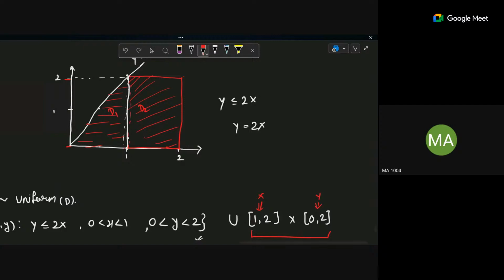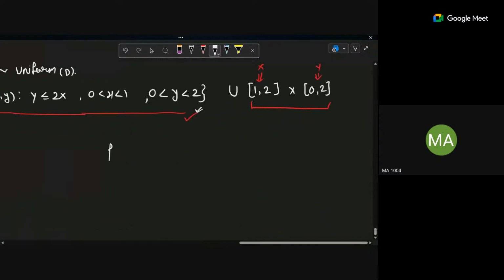Now you need to calculate the marginal density of y. Will you be able to calculate it? So see, whenever you want to calculate the marginal density of y, the first thing we can do is, what is f_Y(y)?